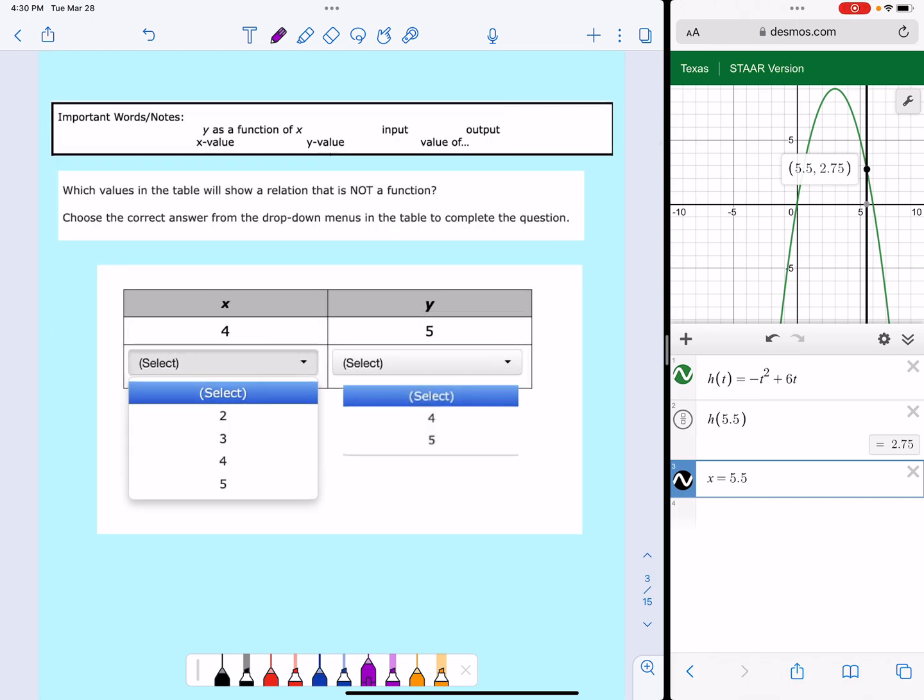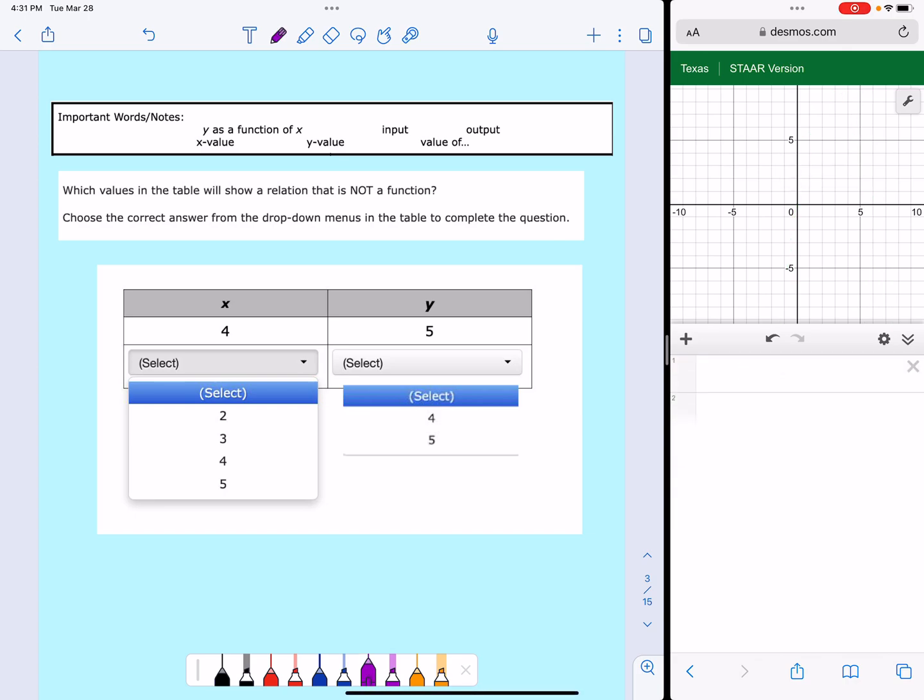It says, which values in the table will show a relationship that is not a function? Choose the correct answer from the drop-down menus in the table to complete the question. So we see that we have not a function, meaning x will repeat.